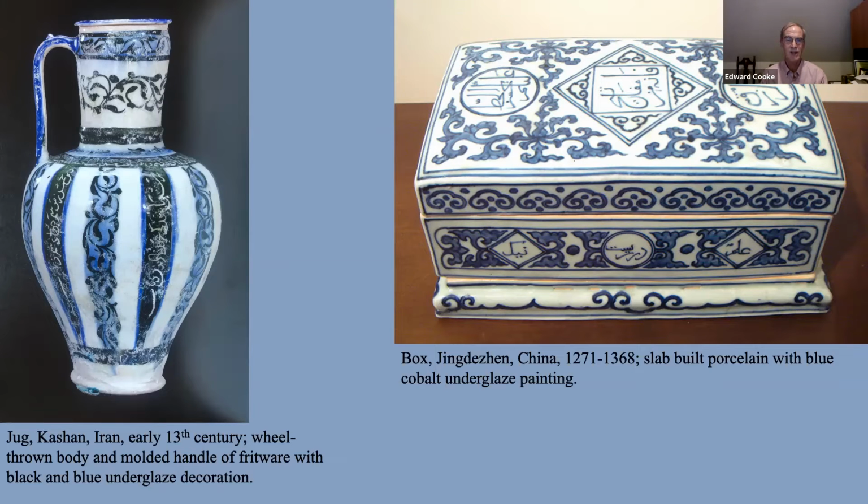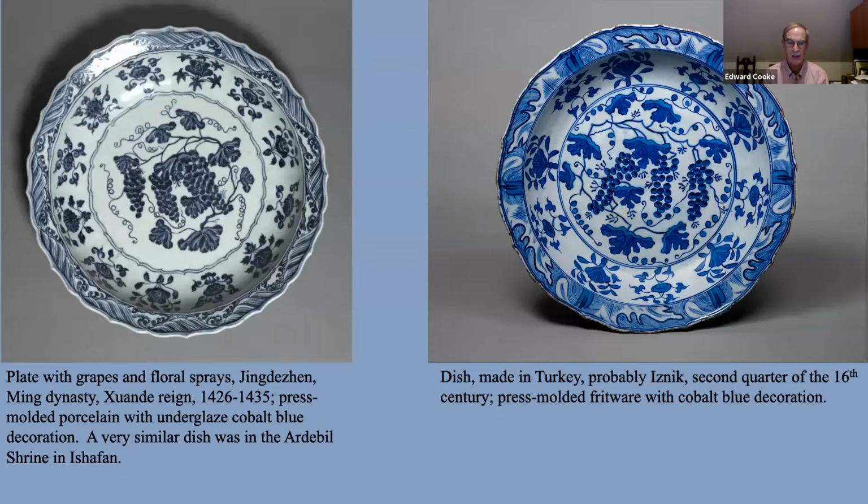So there are these connections that you can see not only in terms of materials, but even in the ways in which this box with kind of generic Arabic writing on it is intended for that market from which the cobalt comes. And this whole conversation between blue and white fritware from parts of the Islamic world and blue and white porcelain from the Chinese world continues through 2 centuries.